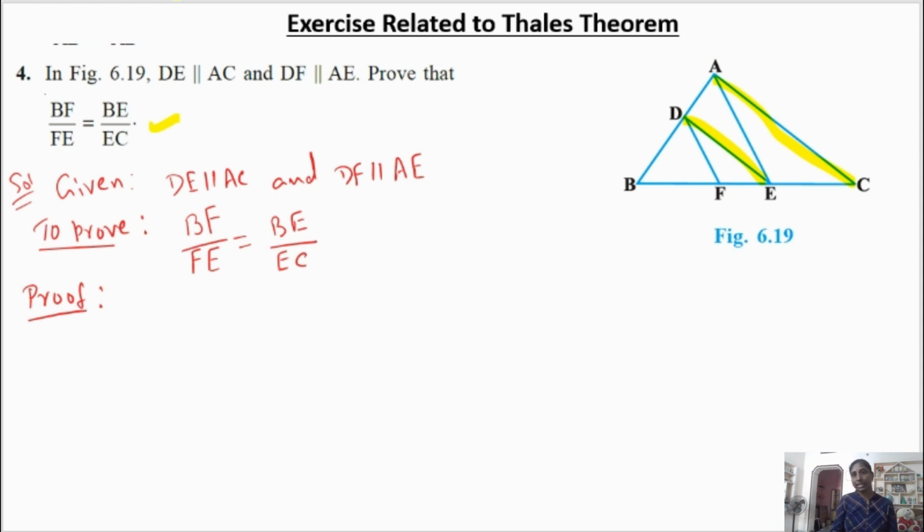So here these two lines are parallel. It means we can take triangle BDE and triangle BAC. So in triangle BDE and triangle BAC, DE is parallel to AC.